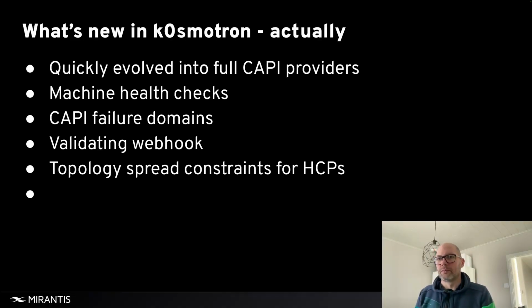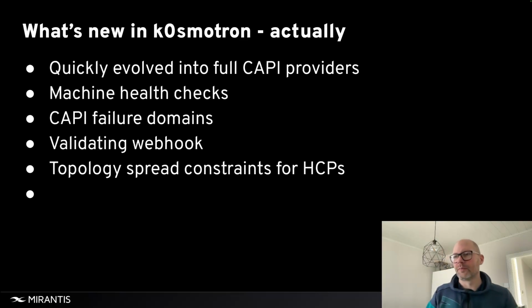We're now very, very shortly going to do a new release where we also add support for a validating webhook. We've found out that CEL expressions and typical CRD validations just don't cut it anymore for Cosmotron. So we're adding a validating webhook for some use cases for better user experience, so that you're not allowed to shoot yourself in the foot anymore.